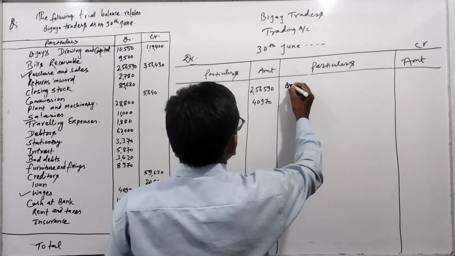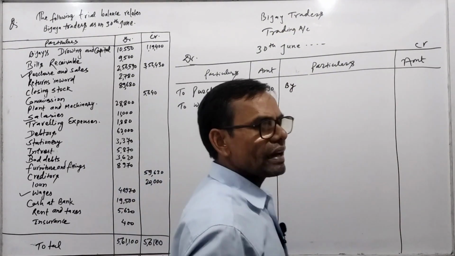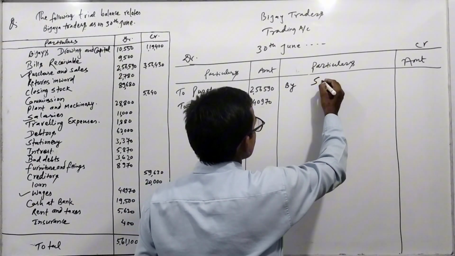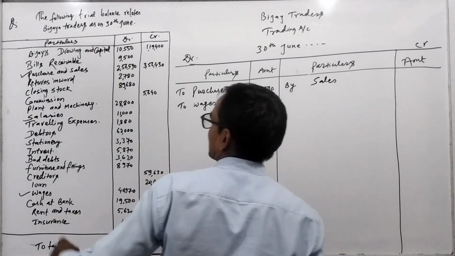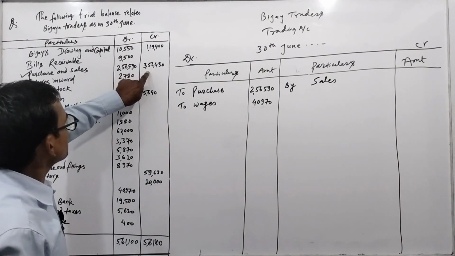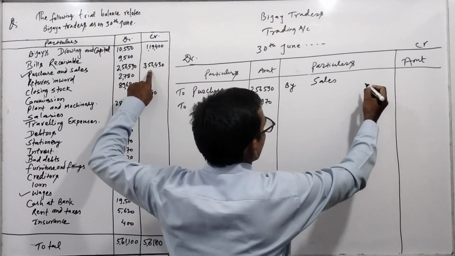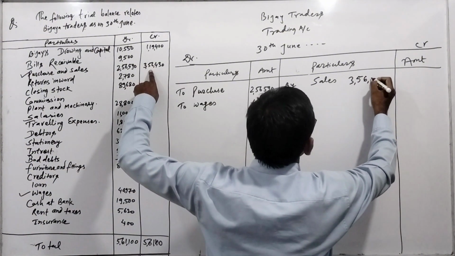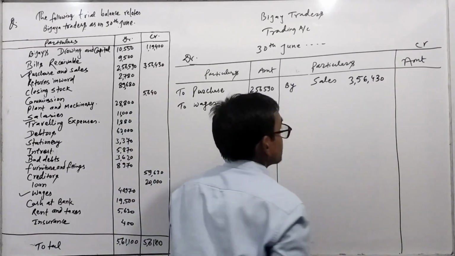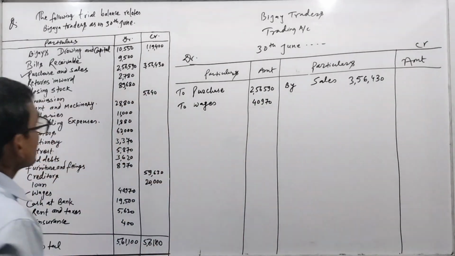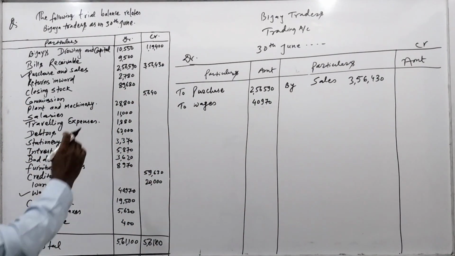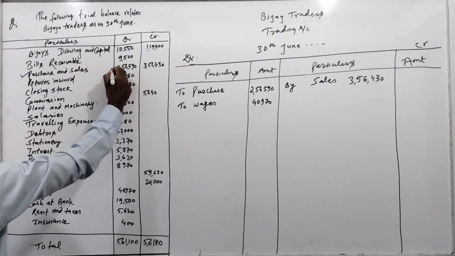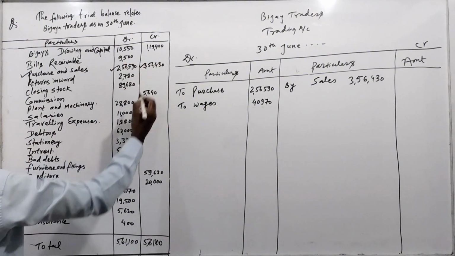In credit side, direct income, that is sales. So sales you have to write here, and sales is here 3,56,430. How do you know sales? Because here is purchase and sales. So purchase is in debit side, sales is in credit side.